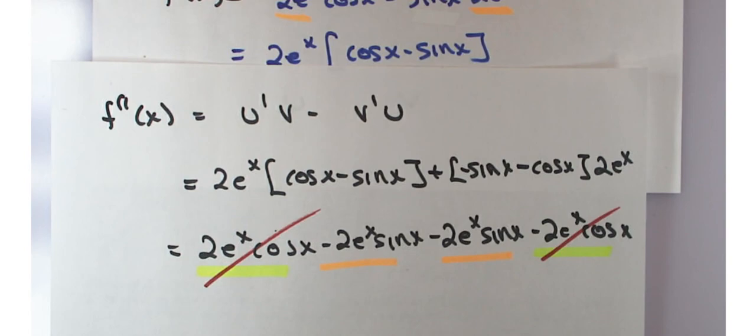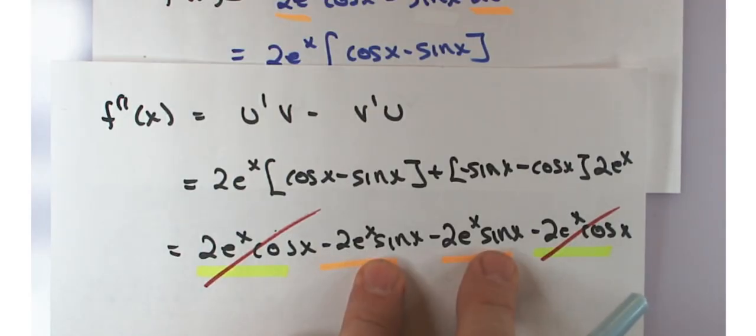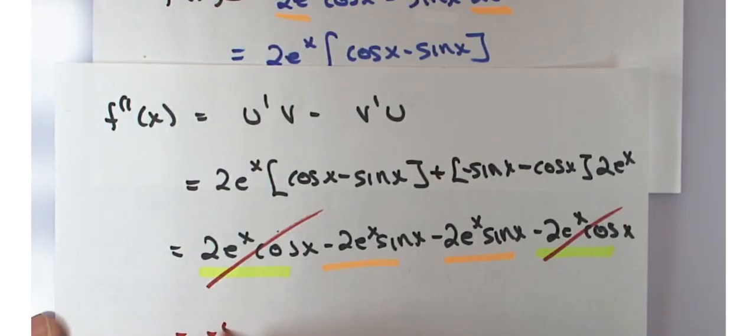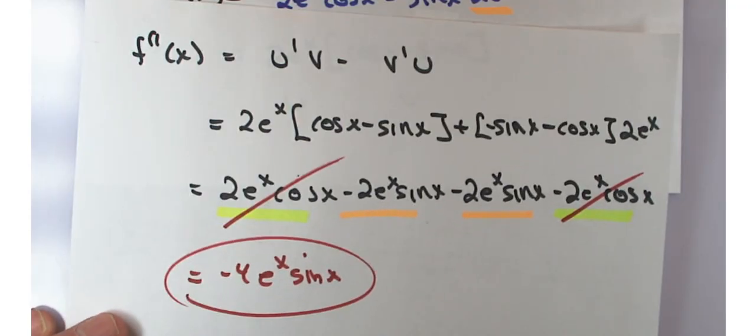Simon, what do we get for the remaining two terms? You can combine them to just be negative 4e to the x sine of x. Exactly. They're the same term, and we just add up the coefficients, so we end up with negative 4e to the x sine of x, and we're done. Nice, very nice.